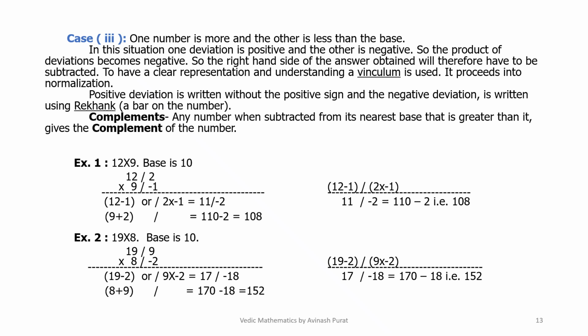Mentally it can be done easily. 12 minus 1 stroke 2 into minus 1 equals 11 stroke minus 2, that is 110 minus 2 equals 108.